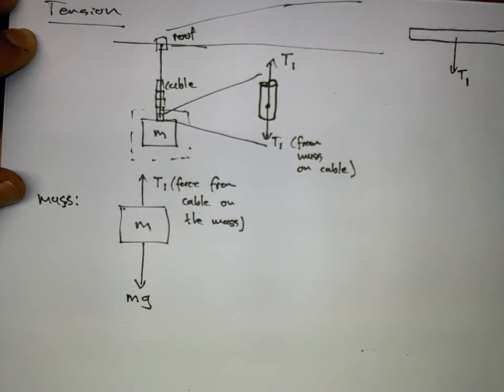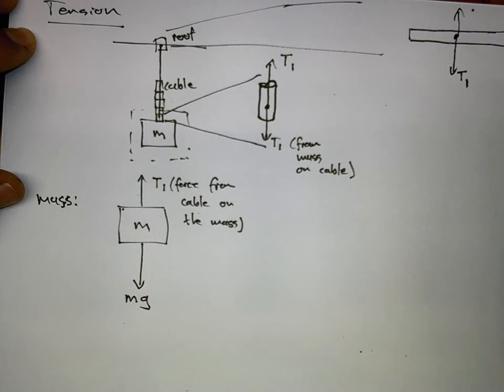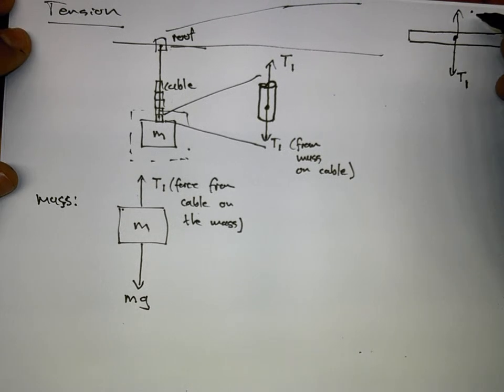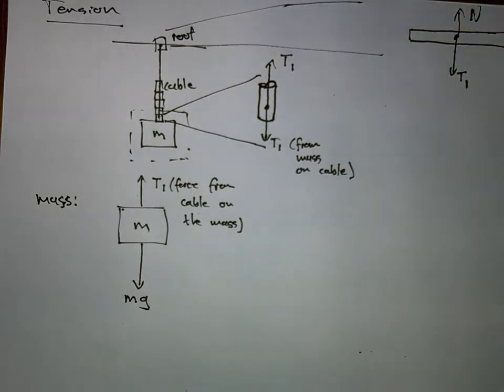And obviously the roof is not falling downwards, so however the roof is supported, it counters this force exactly. So we can say that that's some sort of normal force or whatever. So that's why the tension everywhere in the rope is the same. And this is something that we can use when we solve problems, as I'm going to do right now.